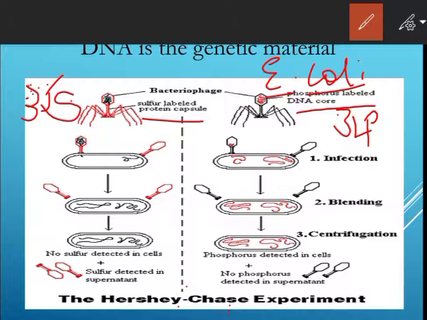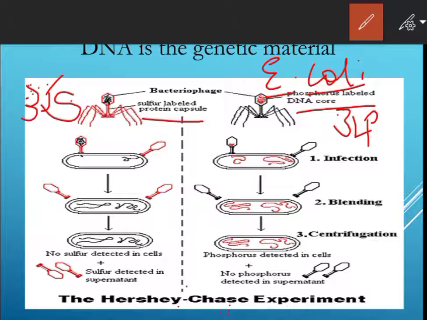As the process of infection with virus continued, the bacteria were agitated in a blender and the viral coats were removed from the bacteria. So the first step was infection. The radioactive bacteriophages were allowed to infect the bacteria, and after the infection they were blended, agitated with the help of a blender.